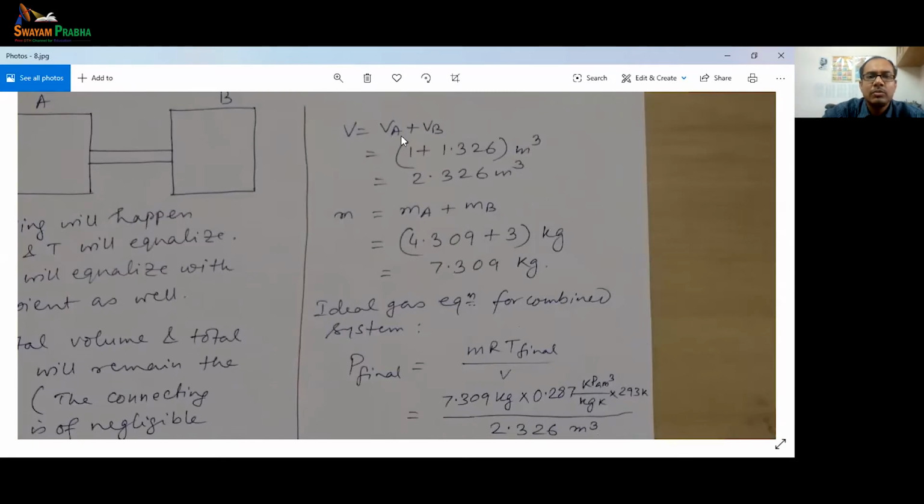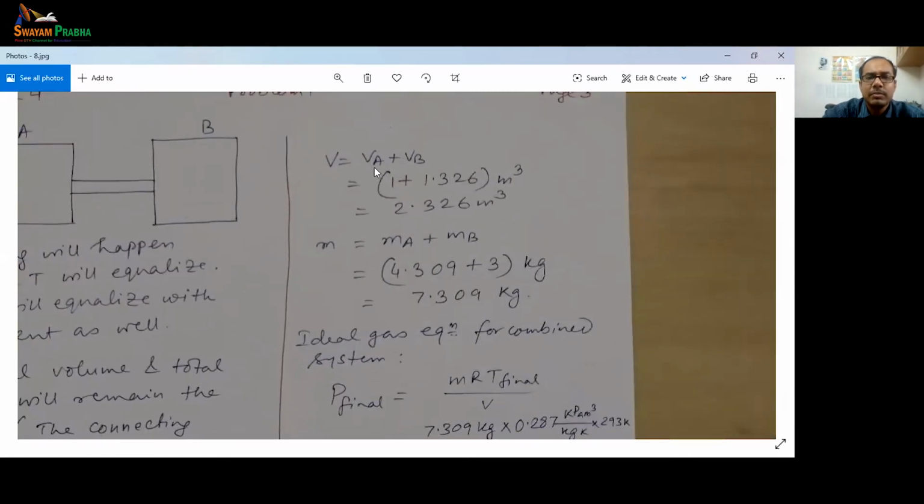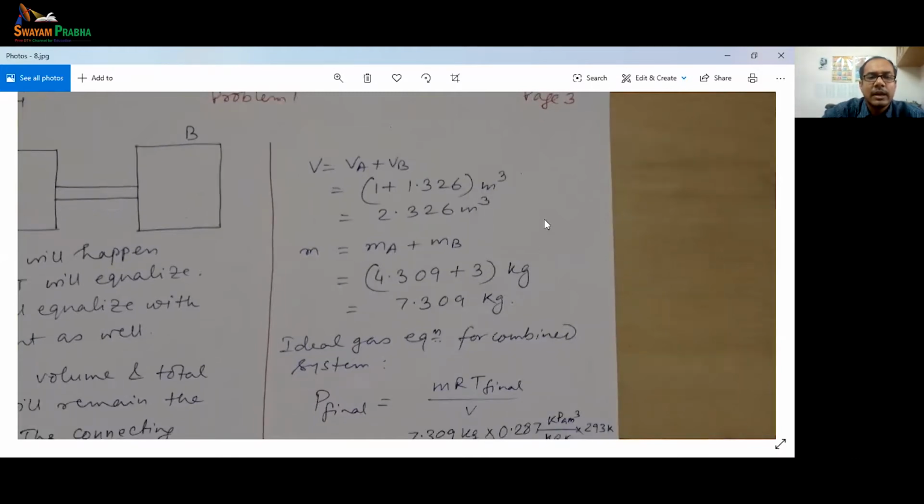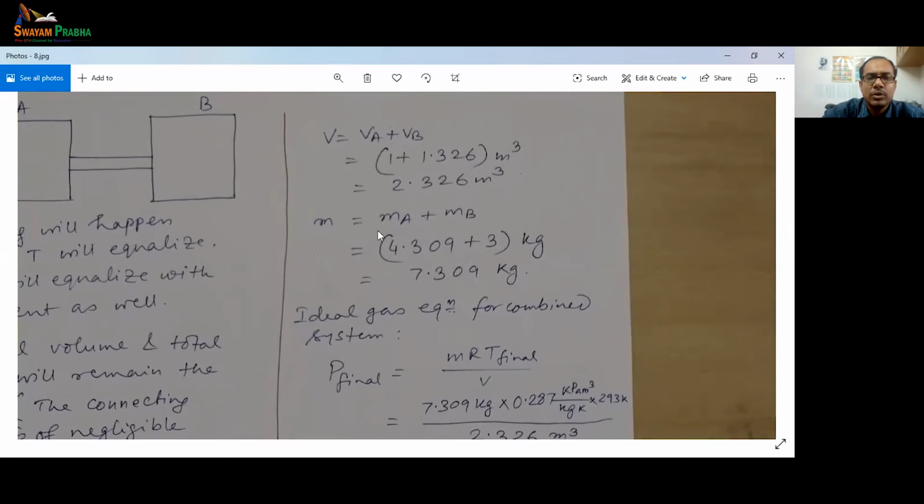So the total volume of this system will be volume of A plus volume of B, both of which we know. So basically 1 plus 1.326 meter cube will be the total volume, which is 2.326 meter cube. Okay, and mass will also be the same. So total mass will be mass of A added to mass of B. Okay, so adding that you will get 7.309 kg.